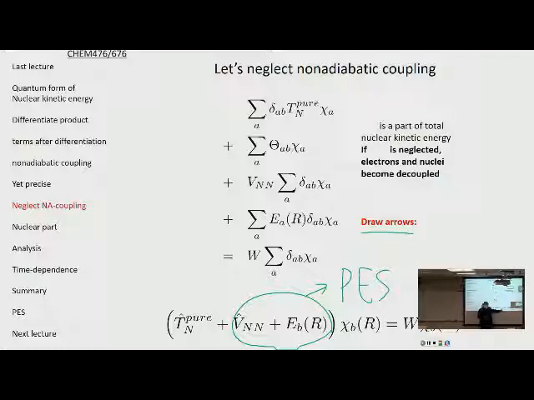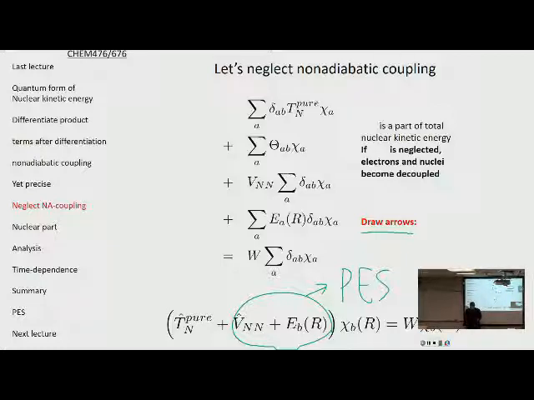See, we still have the nuclear wave function. We did some real breakthrough, but we still have electronic and nuclear wave functions. Nuclei are quantized, and then the eigenvalue of the molecular Schrödinger equation, which is the energy of the whole system, electrons plus nuclei, multiplied by the same nuclear wave function.